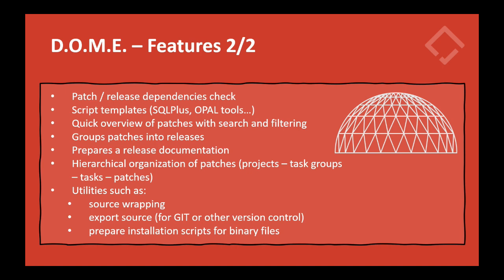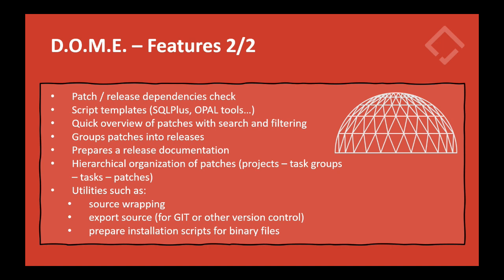Within D.O.M.E, there are also some utilities such as source wrapping, for example. This utility helps you to wrap some packages and protect them from reading the source code. Also, D.O.M.E can be set up to wrap some packages automatically when the patch scripts are created.